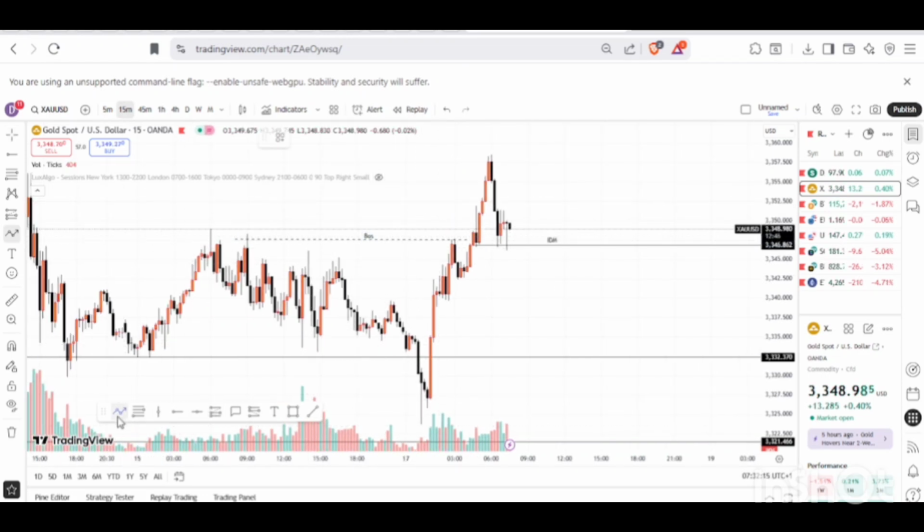You can see market keeps making this high, there's a low, there's a high that does not take out this high, there's a low, and another high that does not take out this high, and we'll have another low.